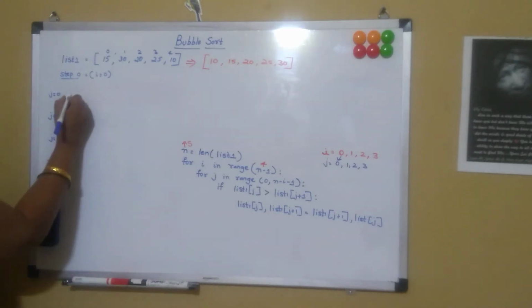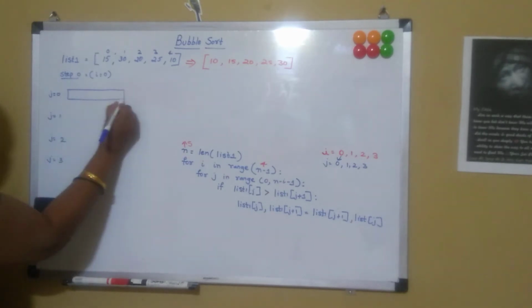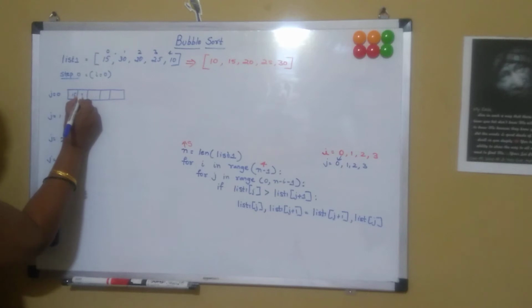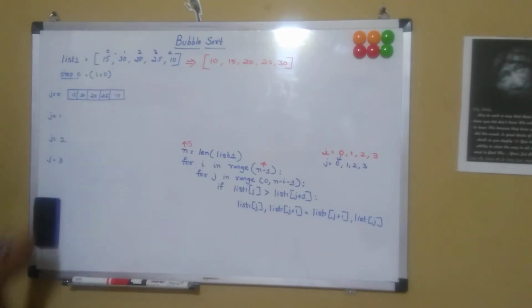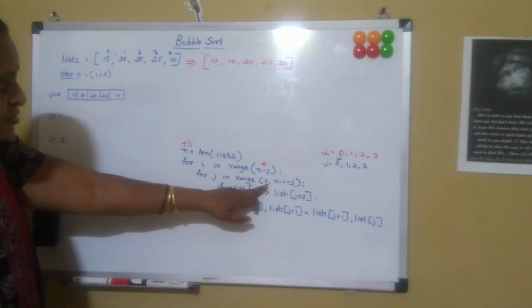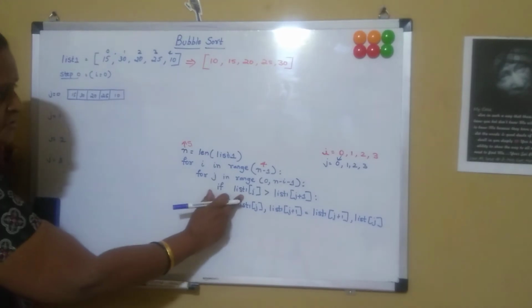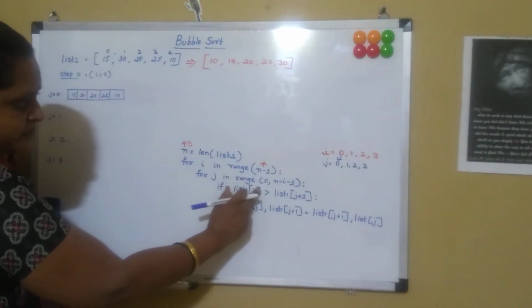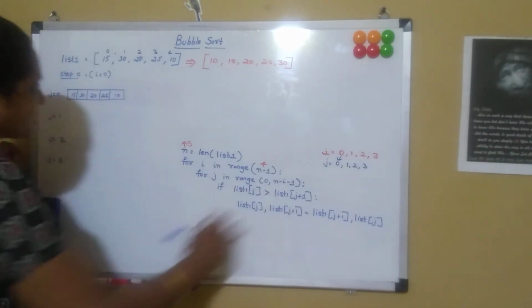So now for j equal to 1, it will compare. It is initially 15, 30, 20, 25, 10. So when j is equal to 0 and i equal to 0, it will check if list1 of j is greater than list1 of j plus 1, that is list1 of 1.